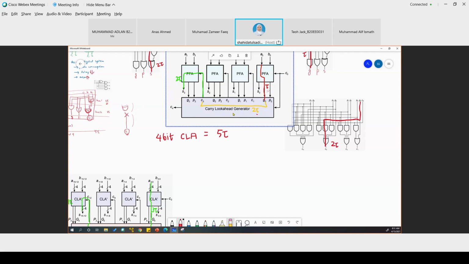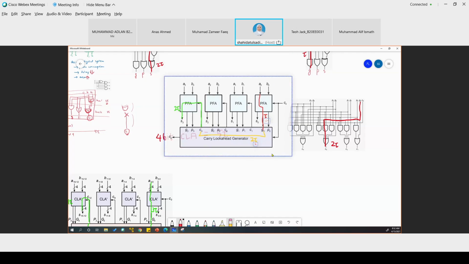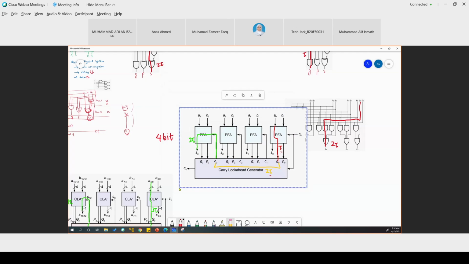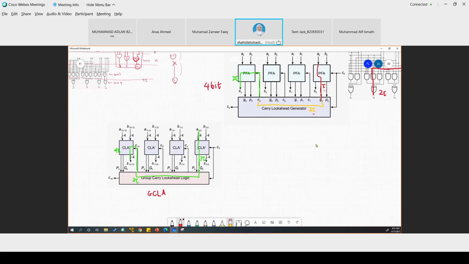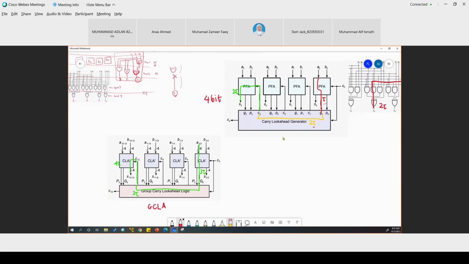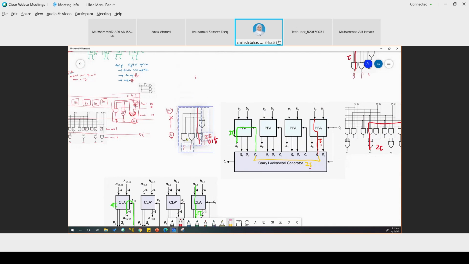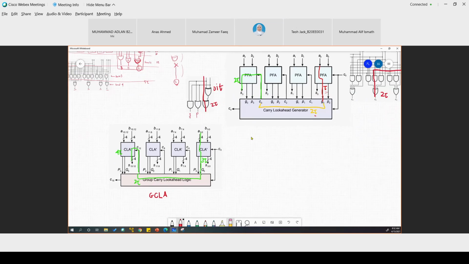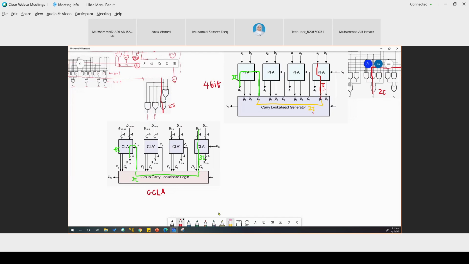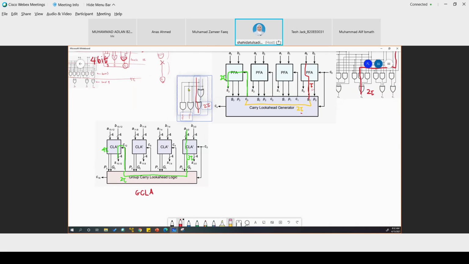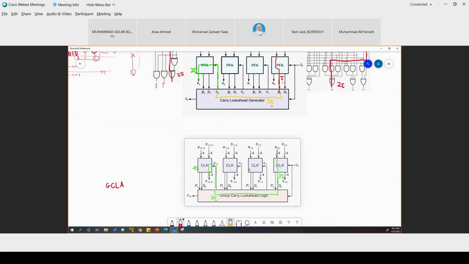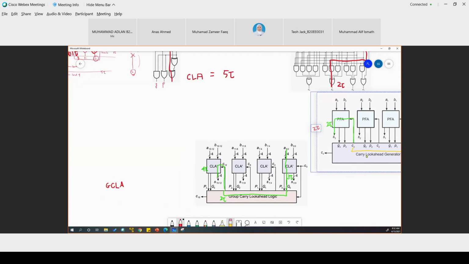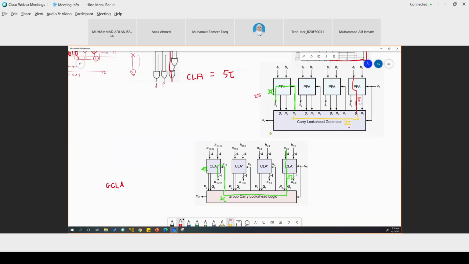The same circuit. And inside the PFA is this circuit. How to make this smaller?